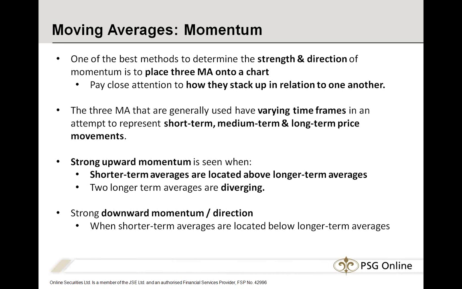But basically a strong upward momentum is seen when a shorter moving average, like a 5-day, crosses over a 10-day, and the 10-day crosses over the 20-day, or even a bit longer. Secondly, when those longer-term moving averages, be it the 10-day and the 20-day, start widening and diverging away from each other. And obviously the opposite applies in the downward momentum, when the shorter moving averages are trading below the longer-term moving averages, and those are diverging.